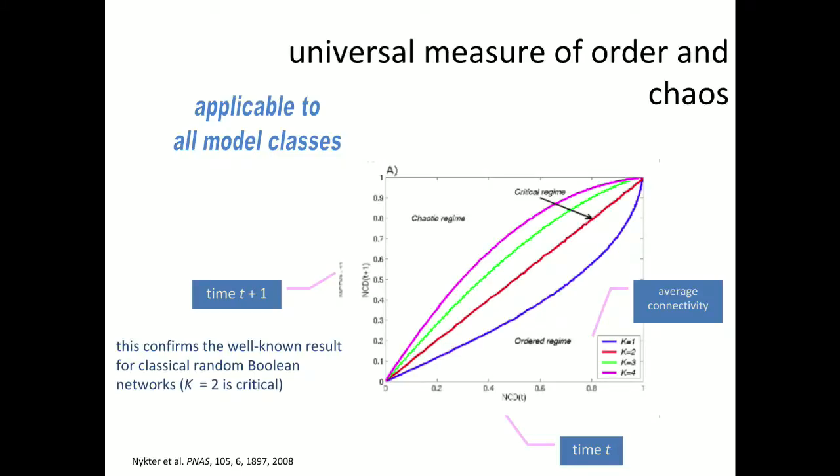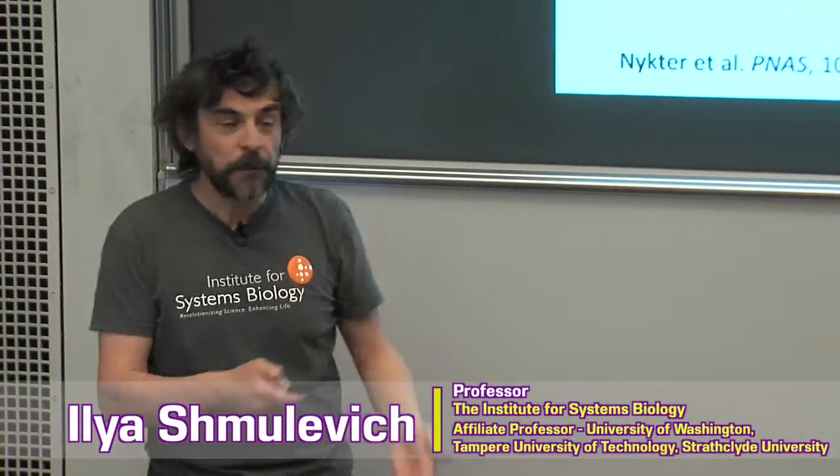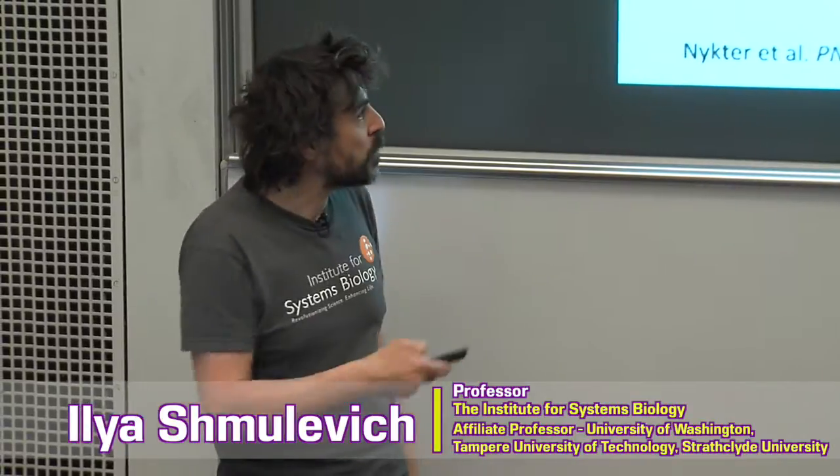If your points are above the diagonal, that means that you are on average diverging. You're going into the chaotic regime. And if you're below the diagonal, you're on average converging, and you're in the ordered regime. And so this is a way to look at the states, at these phase transitions.